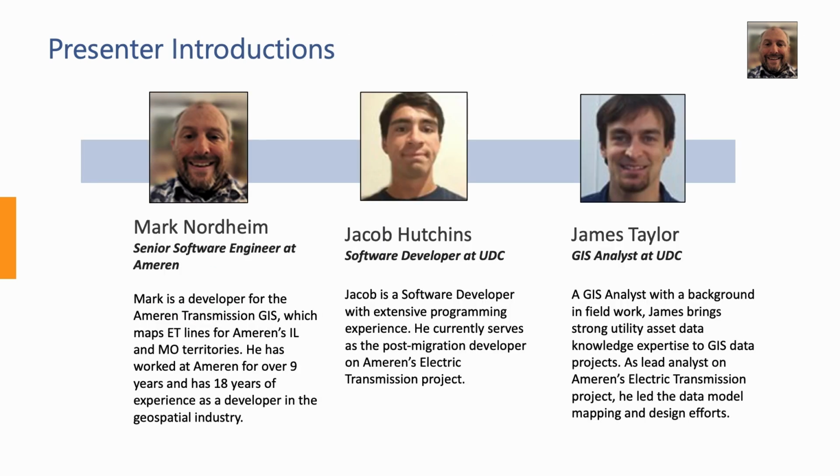So again, I am a senior software engineer at Ameren. I've been working on Ameren's transmission GIS for almost 10 years now, and I've been a GIS developer for longer than that.